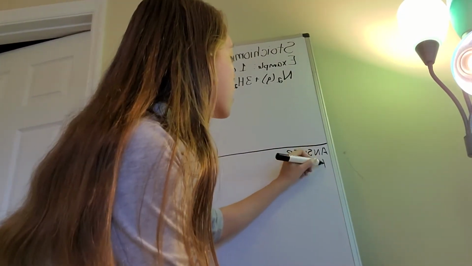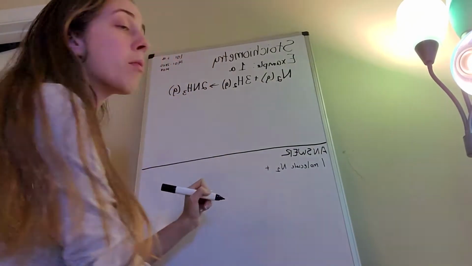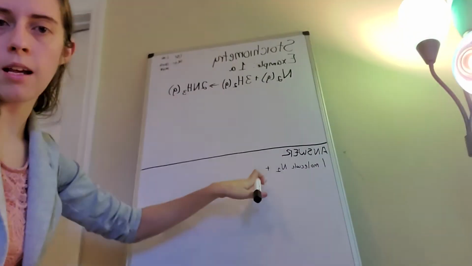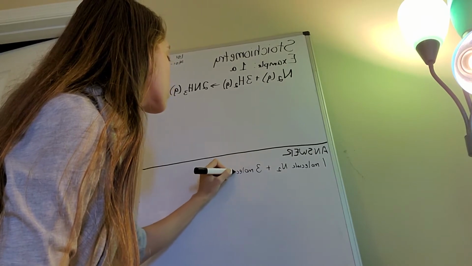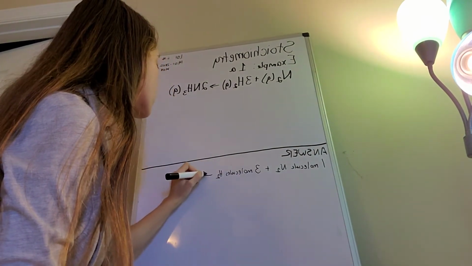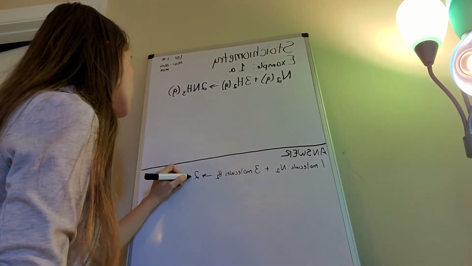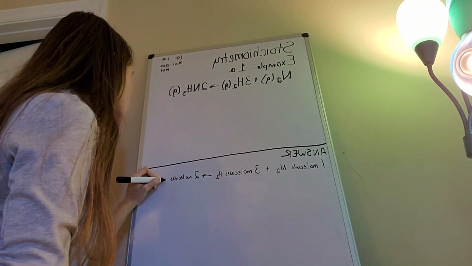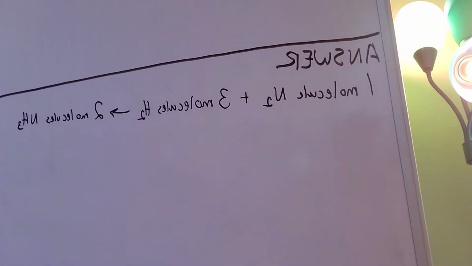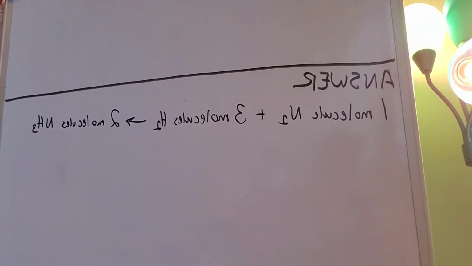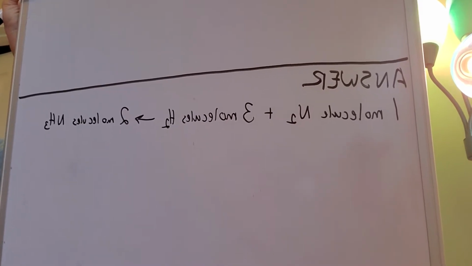So my first interpretation is going to be 1 molecule of N2 plus, and we can use the mathematical plus sign, plus 3 molecules of H2 gives us how many molecules? 2 molecules of NH3. So the first interpretation that I'm expecting looks like that. It has to do with molecules, formula units, or atoms. Okay?